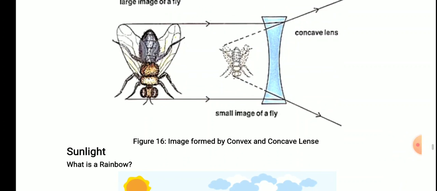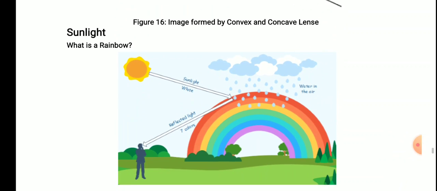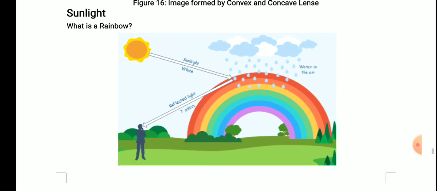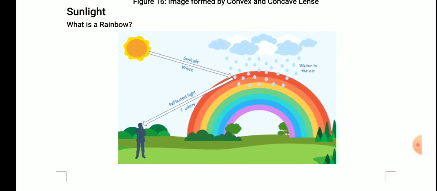Next topic is sunlight, or most probably we will study about rainbow. What is a rainbow? You can see the diagram, the sunlight that is white in color comes from the sun, and after that the water present in the air, the water droplets, split it into 7 colors.